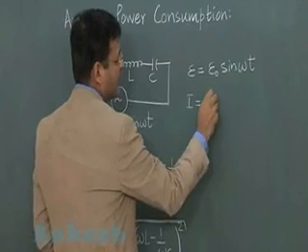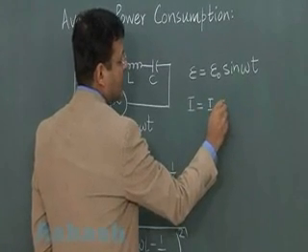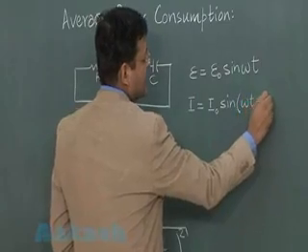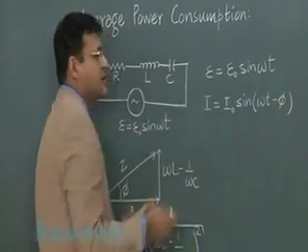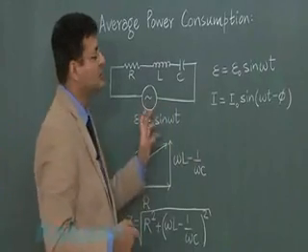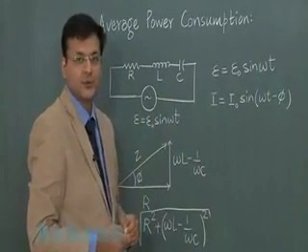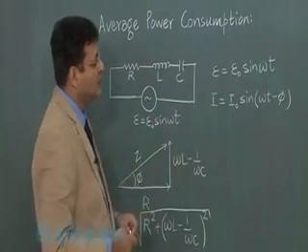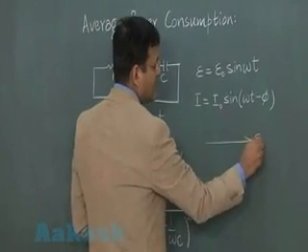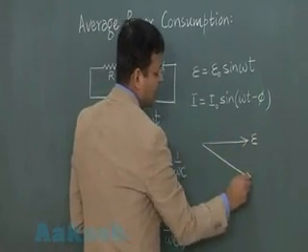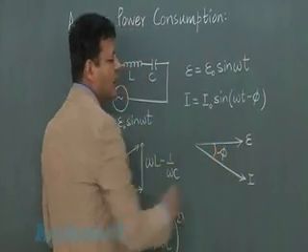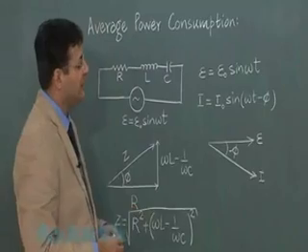And you can say I is equal to I naught sin(omega t minus phi). This is a general expression of current we have written down when the reference E is equal to E naught sin omega t has been given to you. If you want to show it on a phasor diagram, you can always write it as EMF like this and current is lagging by an angle phi. Since it is lagging, I am writing it as minus phi.